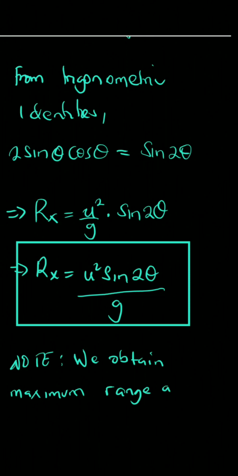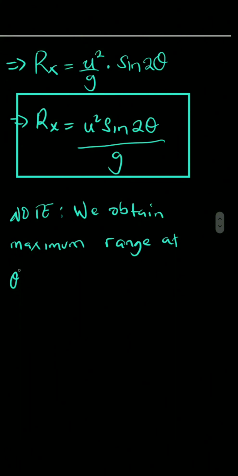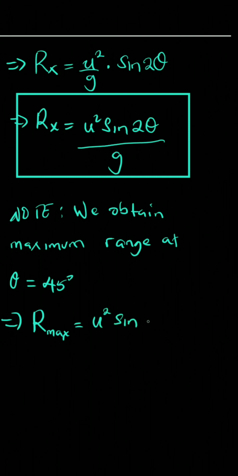So upon substitution, the maximum range will be u squared, then sine 2 times the angle, which is 45 in this case, divided by g.